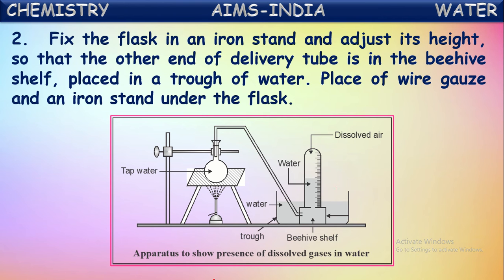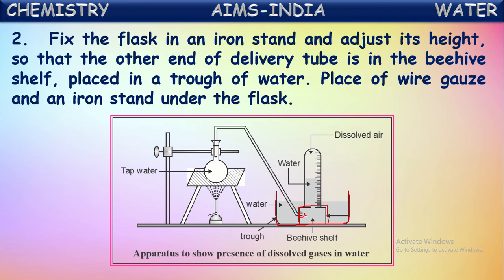See here, after filling this round bottom flask with water and fixing this delivery tube, it is fixed to an iron stand and its height is adjusted such that the other end of this delivery tube fits into a beehive shelf. This is called a beehive shelf, placed in a trough of water. There is a trough which is filled with water. So this beehive shelf is completely immersed in water.